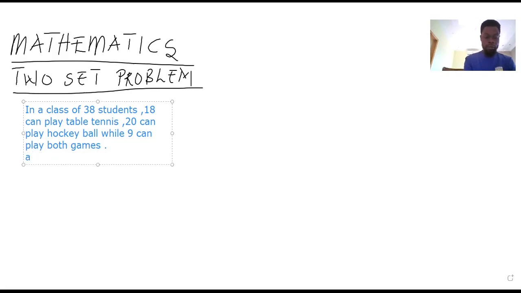A, use a Venn diagram to illustrate this information.